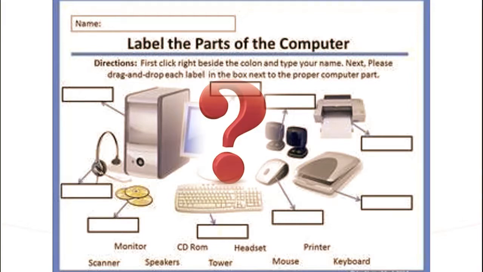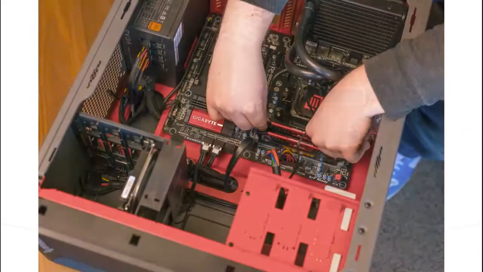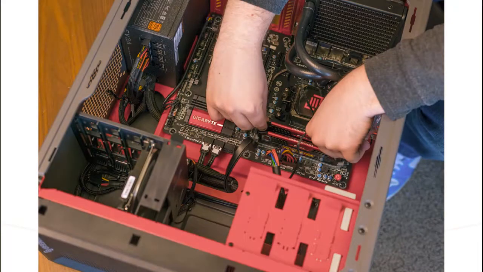So to be able to test the application level of students or learners, your teacher might ask you to show or demonstrate how you can assemble and disassemble a system unit based on a set demonstration or criteria.